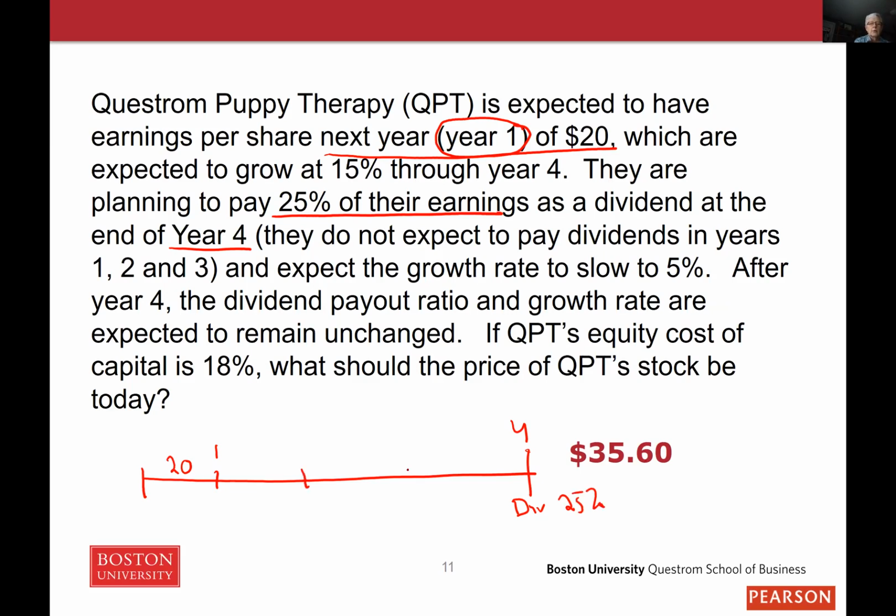So that means 1, 2, 3. It's going to grow 3 times, and it's going to grow at 15% up through year 4. So to find the earnings in year 4, 1.15 to the 3rd power times 20 is $30.42.